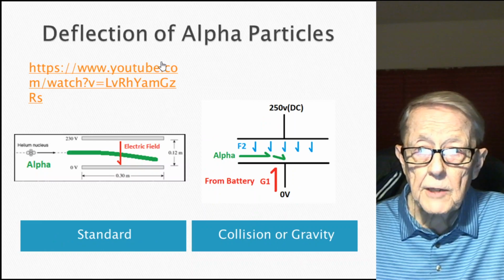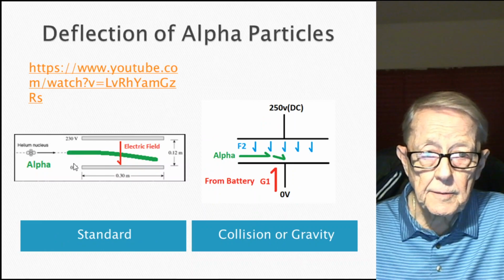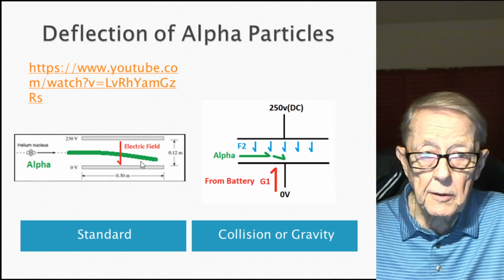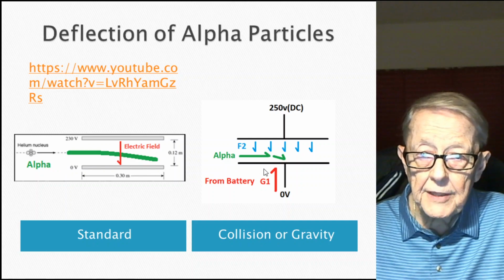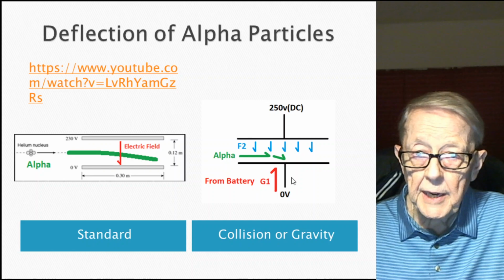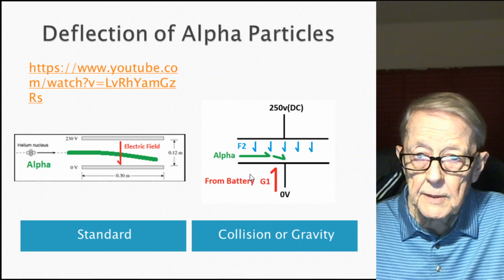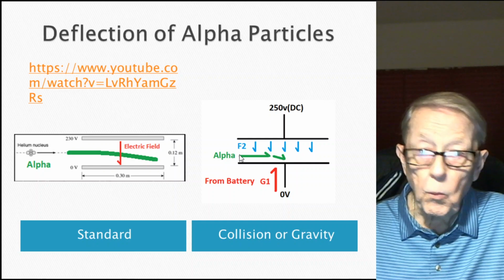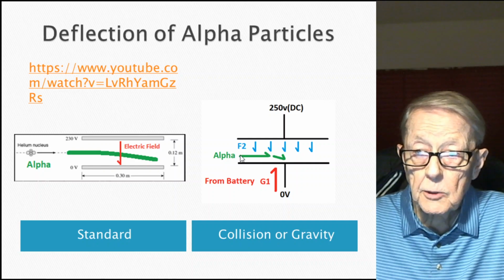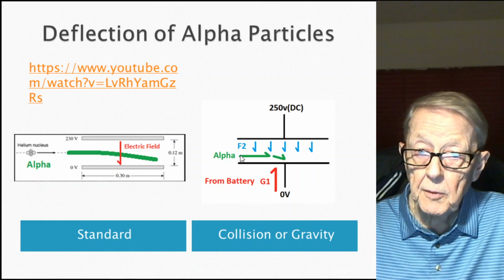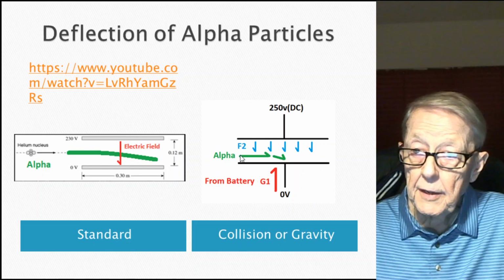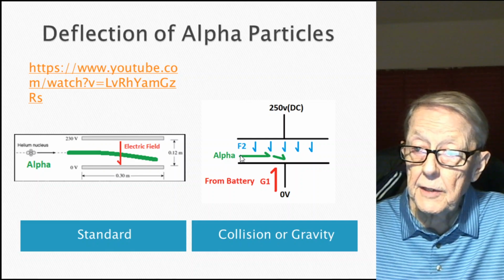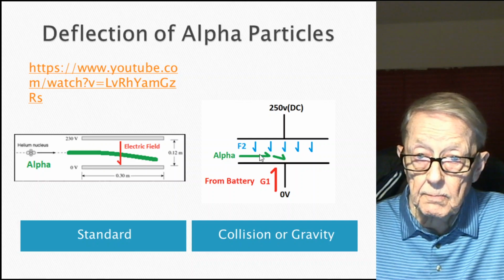Okay, now the deflection of the alpha particles. This is just a repeat of what I showed before. In this case, you have the same competition on the alpha particle, but it moves down. The one big difference is that the alpha particle is moving faster, if you believe the measurements, than the electrons in the cathode ray.